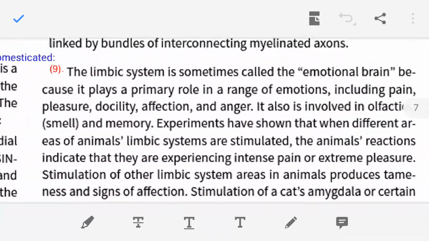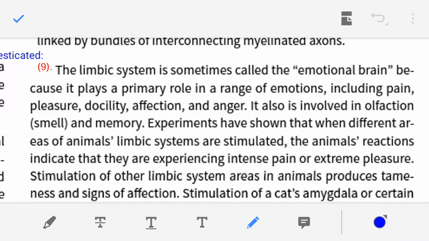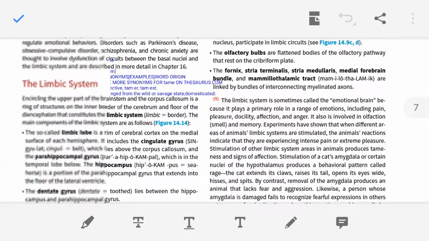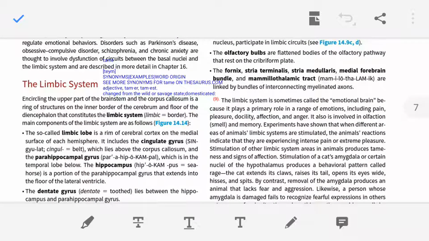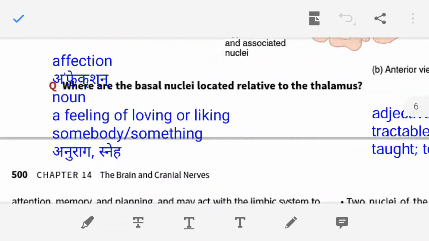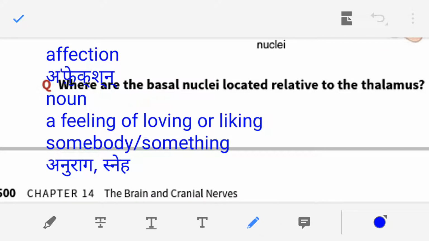Then the limbic system is also responsible for affection. Now what is affection? Affection, a feeling of loving or liking somebody. Let's say a person is attracted to someone.